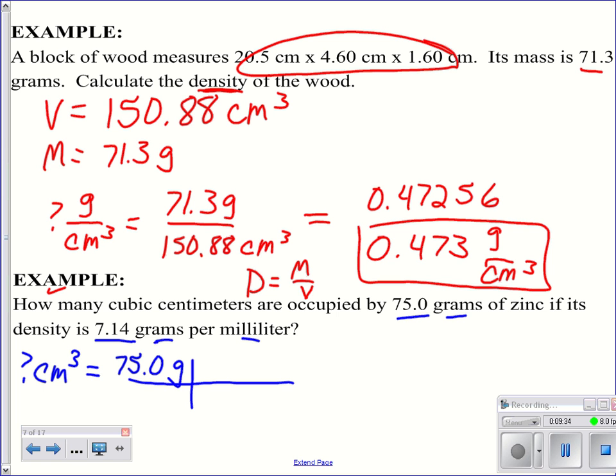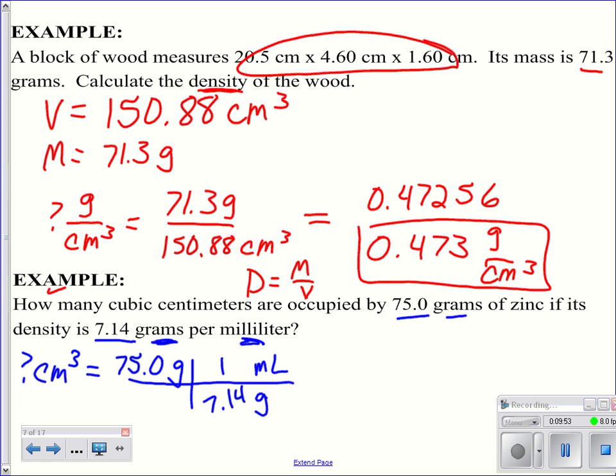I'm going to look at my problem and say, well, I've got it as grams per milliliter. So I can get rid of my grams and go to milliliters. We know that there are 7.14 grams for every 1 milliliter, because that's what that problem tells us.